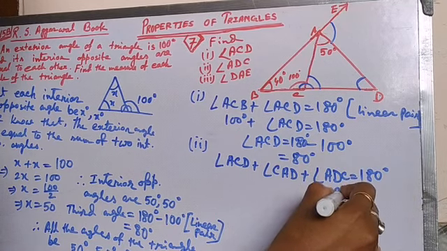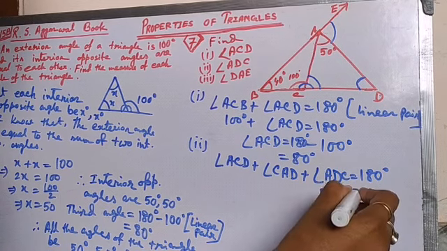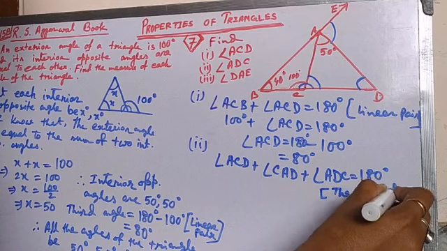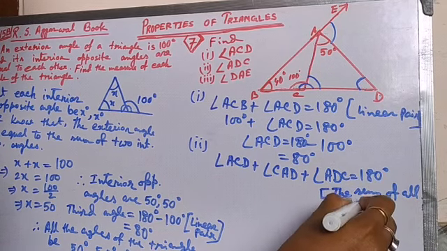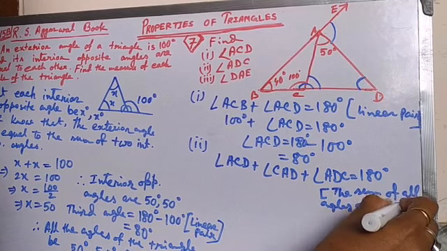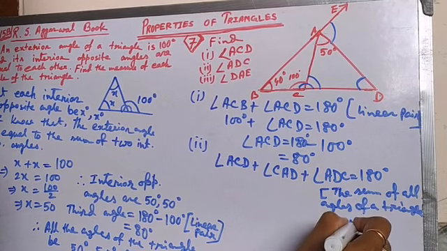Reason, the sum of all angles of a triangle is 180 degree.